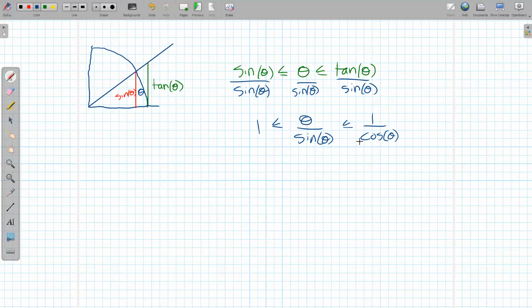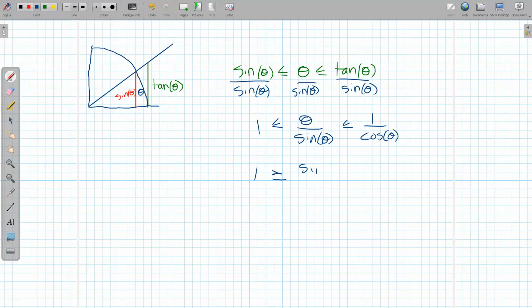Now I can flip this by reciprocating each fraction and then turn it around. So if I reciprocate 1, I still get 1. And then less than or equal to the sine of theta over theta. Oops, when we flip it, we reverse the inequalities too.